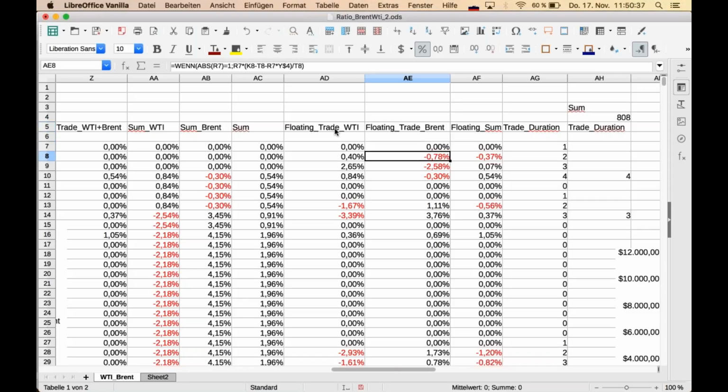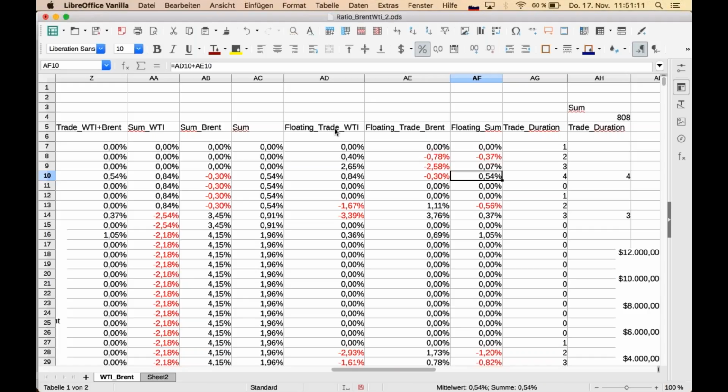And we start a trade here, and then after the first day, the one trade, WTI, is plus 0.4%, and the other one is minus nearly 0.8, and that would sum up the sum of those both ongoing trades, and therefore I call those columns floating trade results, because they are floating, they are ongoing. So I would have a minus here for that ongoing trade.